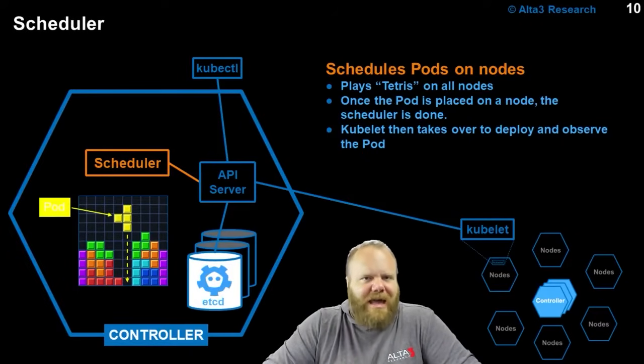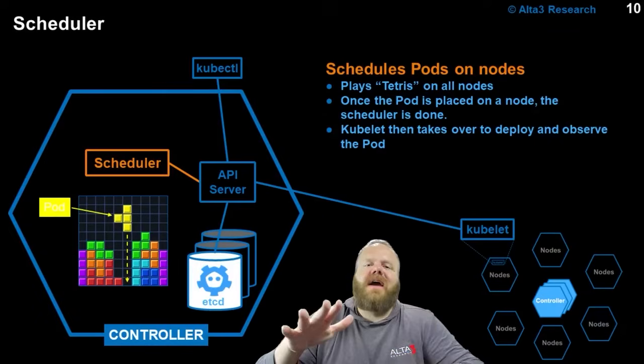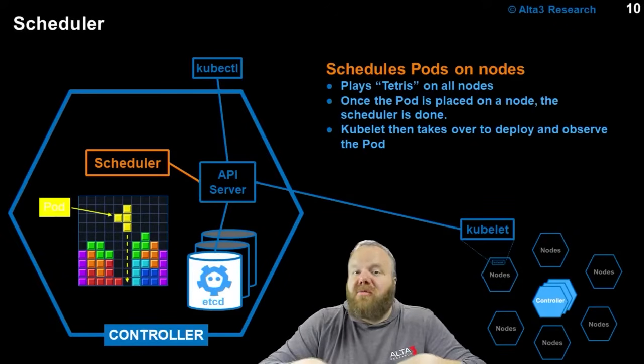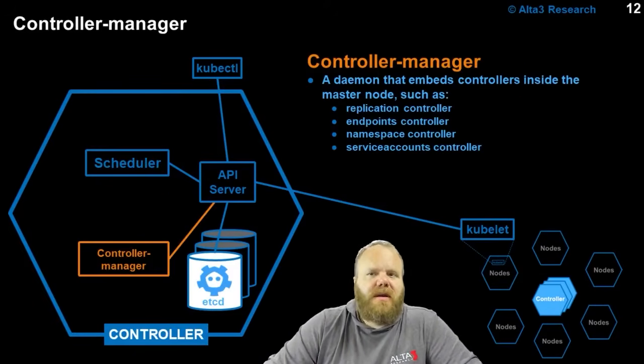Sure, we can make that decision ourselves, but as a result, we want Kubernetes to decide that. So the scheduler is what's going to try to make sure that you've got like an equal distribution across your nodes for the most part, plus obeying any sort of rules that get put in place either by you or by the system itself, just to make sure that everything is following the rules.